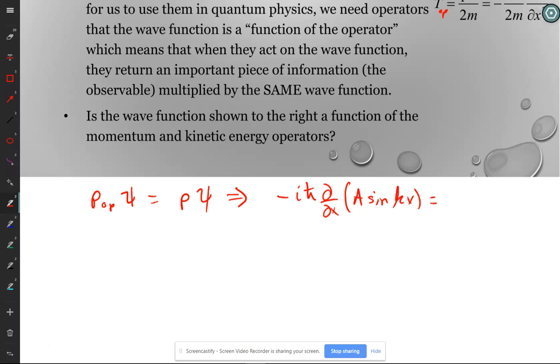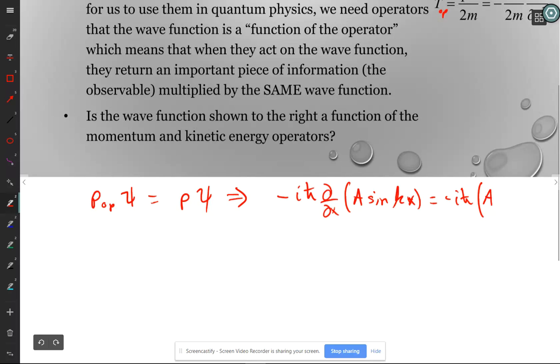So what's the derivative of a sine kx with respect to x? Cosine kx times k.